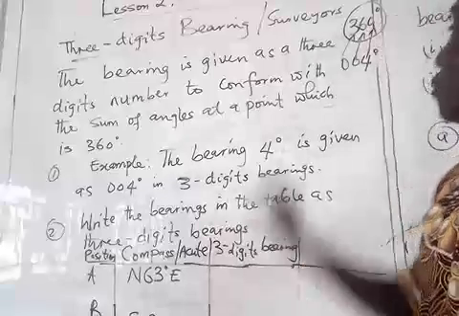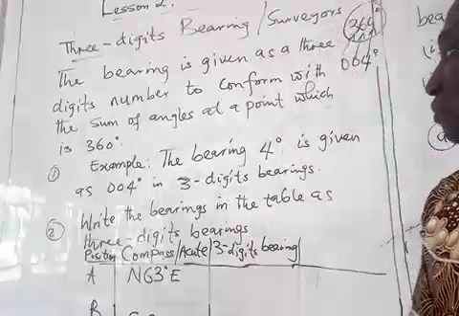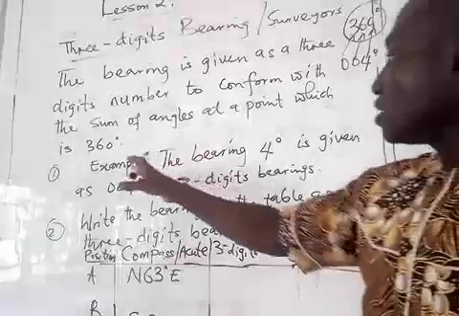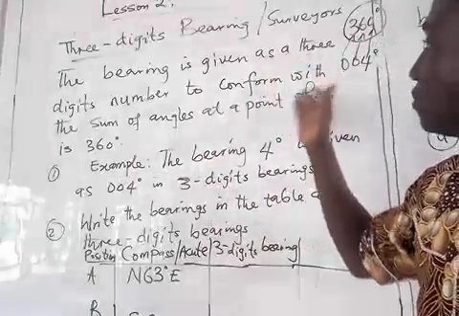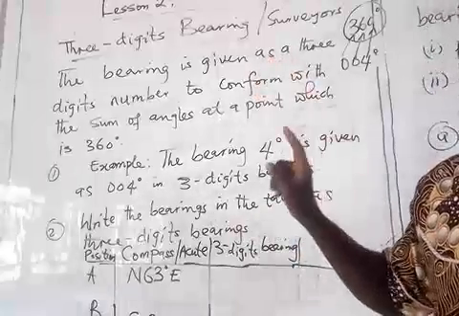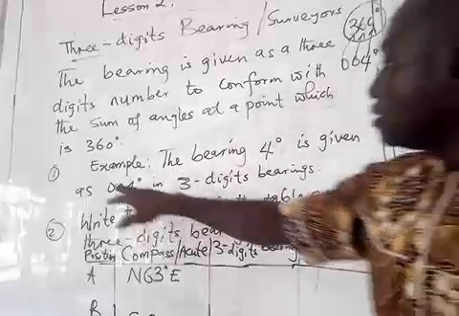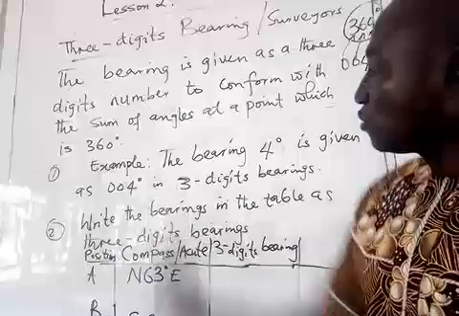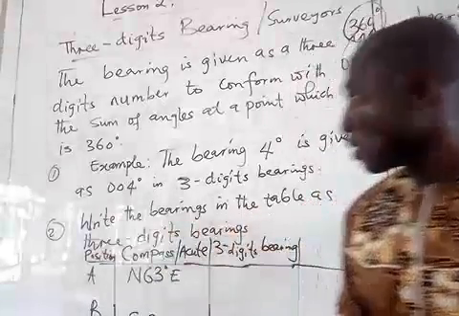That is why it is called three-figure bearing. So example 1 illustrates how a three-figure bearing for 4 degrees can be recorded. It will be recorded as 004 degrees.